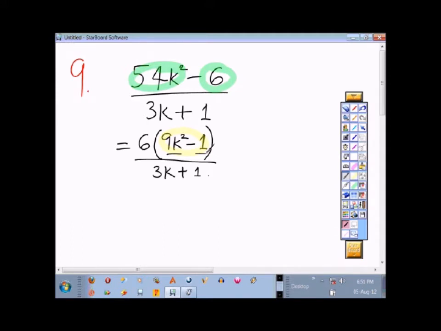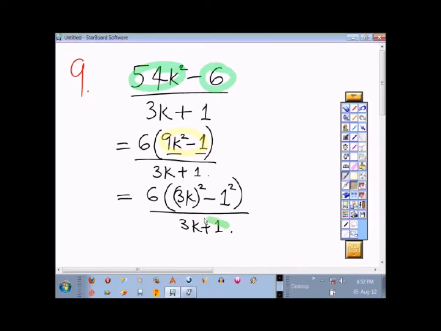So we have here 6 into (3k) squared minus 1 squared, over 3k plus 1. Obviously, the denominator here is not further factorizable. So it's going to be like that throughout until we get rid of it somehow.